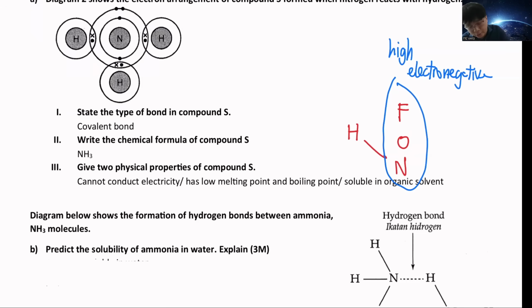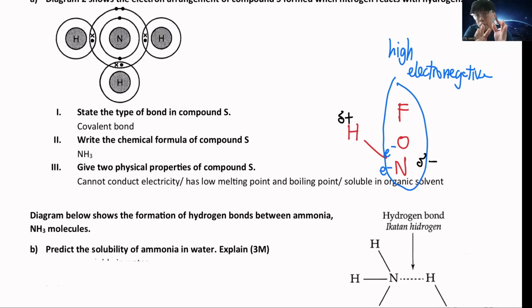So when we share electrons, the electron is supposed to be at the middle. But because nitrogen is very, very strong in attracting electrons, the electron will be closer. Let's say I draw the electron as e minus, so it's easier for you to understand. e minus means the electron is negative. So when the electron is attracted closer to the nitrogen, it causes the nitrogen to become partial negative. Then hydrogen becomes partial positive.